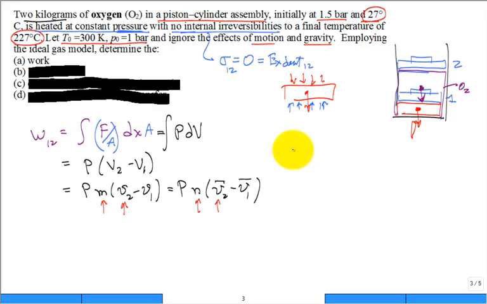How would I calculate V1? How does this always behave? Ideal gas. Can I use the ideal gas equation? Is P1 V1 equal to R T1?